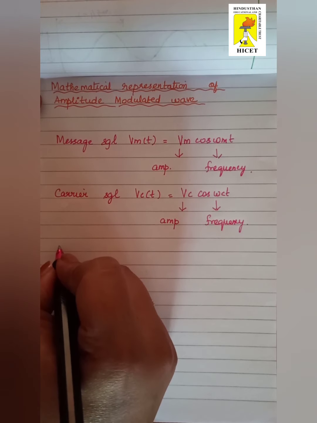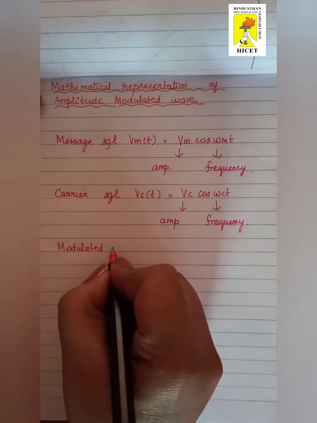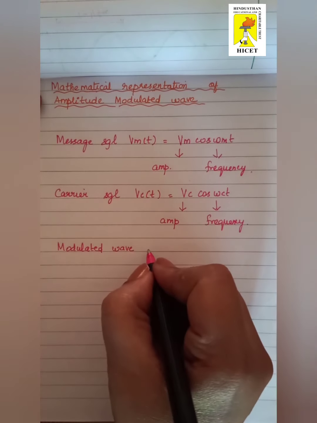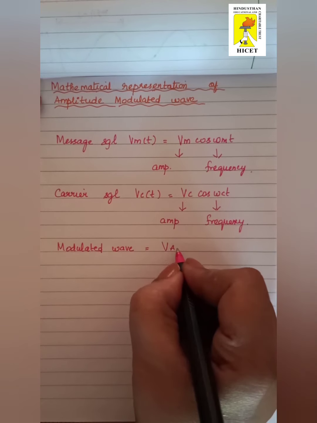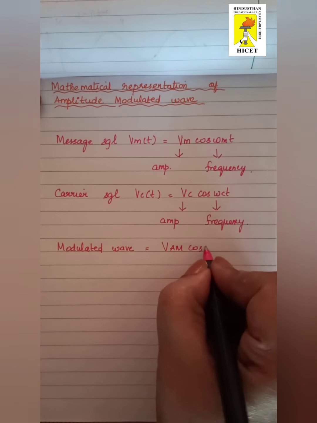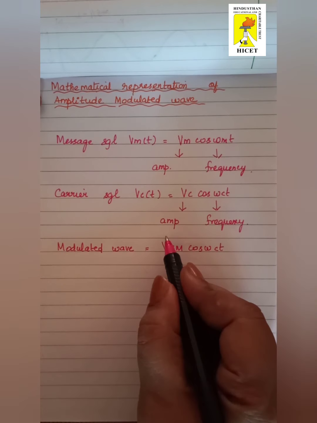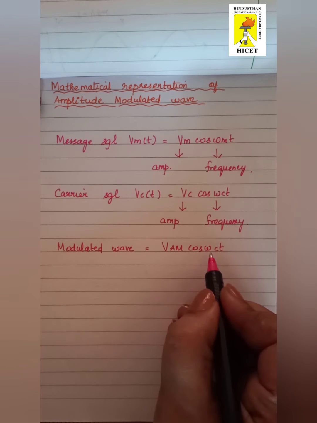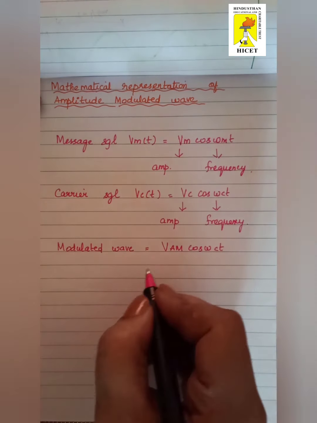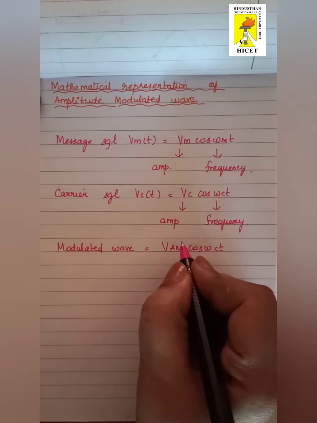Now the amplitude modulated wave is represented as Vam cos omega c t. As I told you before, the amplitude will be the same as that of the message signal and the frequency will be that of the carrier signal. Now let us see what is the expression for this amplitude.